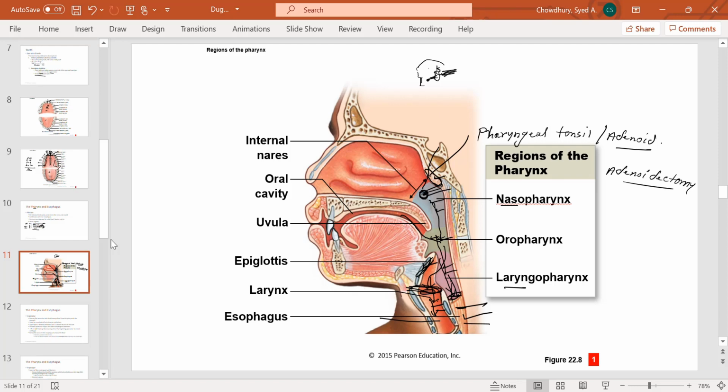Even if a small amount of food enters into the larynx, you will feel that coughing, and that's a problem. So the laryngeal inlet is covered by the epiglottis, and when you breathe, then the epiglottis will move up to open the laryngeal inlet so the air can enter into the larynx.